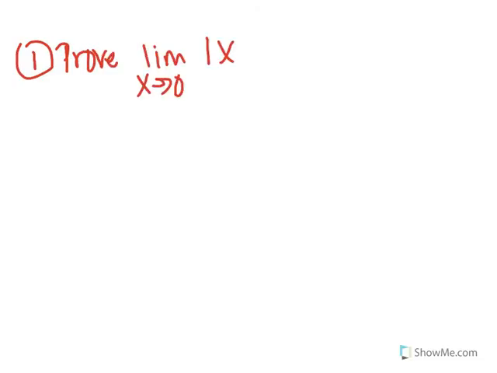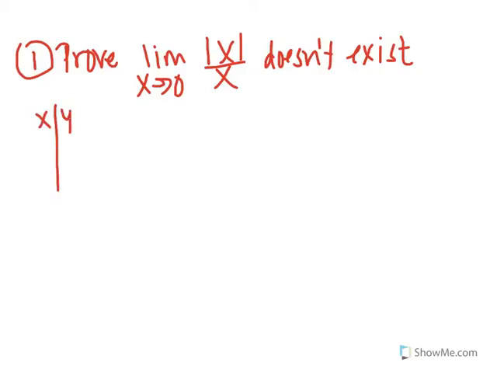So going into the first example, I want you to prove that the limit as x approaches 0 of the absolute value of x over x doesn't exist. Now you would think that you would have to use a calculator to do this, but you could graph this just by doing an old school XY chart.